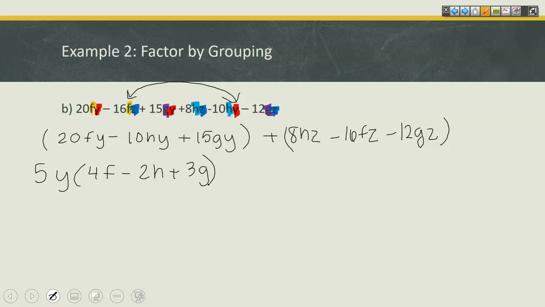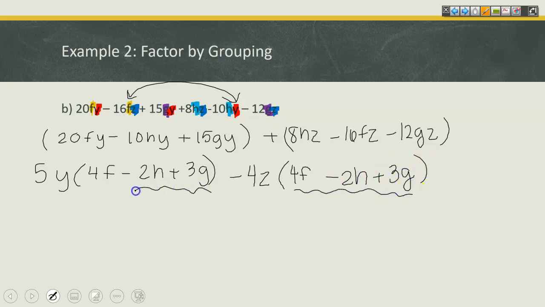So I'm going to take out a negative 4z. And that will leave me with a positive 4f, a negative 2h, and a positive 3g, thus making my inside parentheses match. So I have 5y minus 4z, 4f, 2h, 3g.